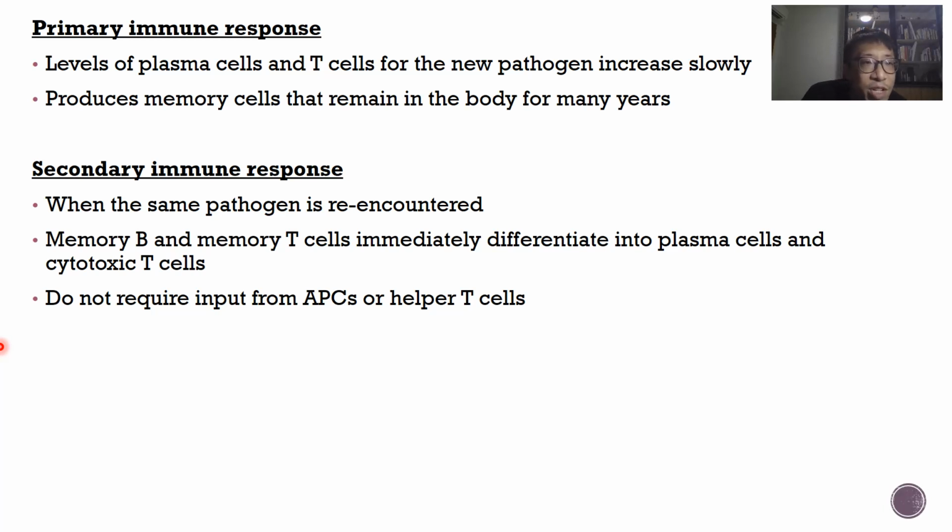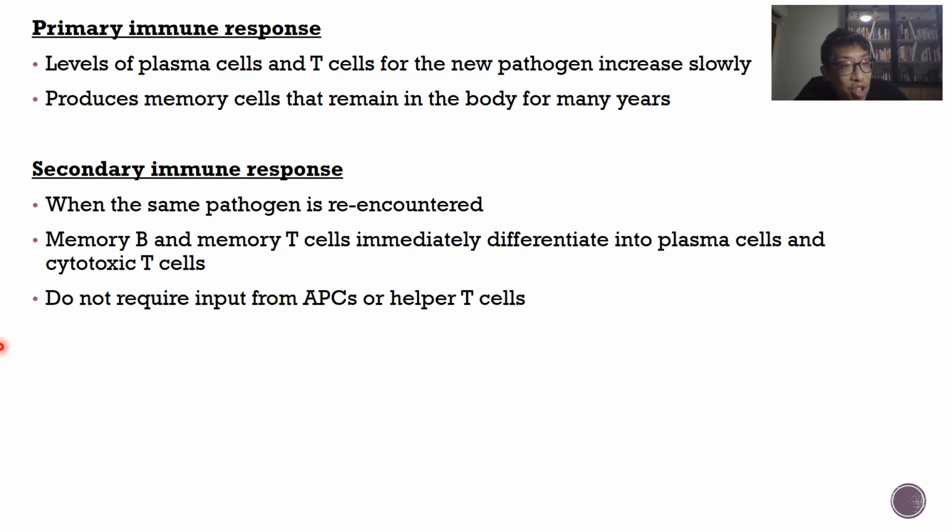In the primary immune response, we can see that the levels of plasma cells and activated T cells, be it helper or cytotoxic, for the pathogen would increase slowly, and the memory cells will be produced at the end of the primary immune response. Then they will persist in the body.